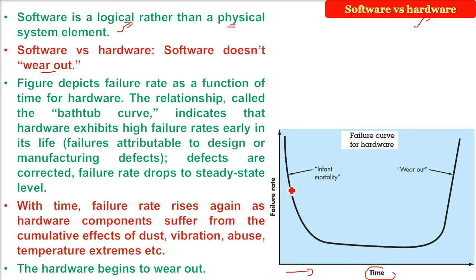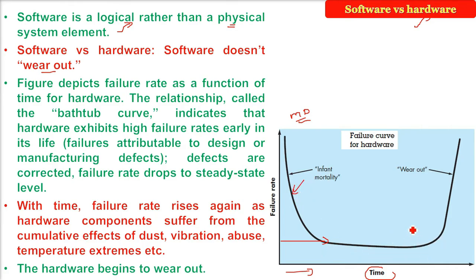These defects initially are very heavy, very strong, and then they are corrected. For example, the filter is not working. So initially the defects are high. Once these defects are corrected, the failure rate will drop, and now we have a steady state. So it was high initially, then there will be a steady state.